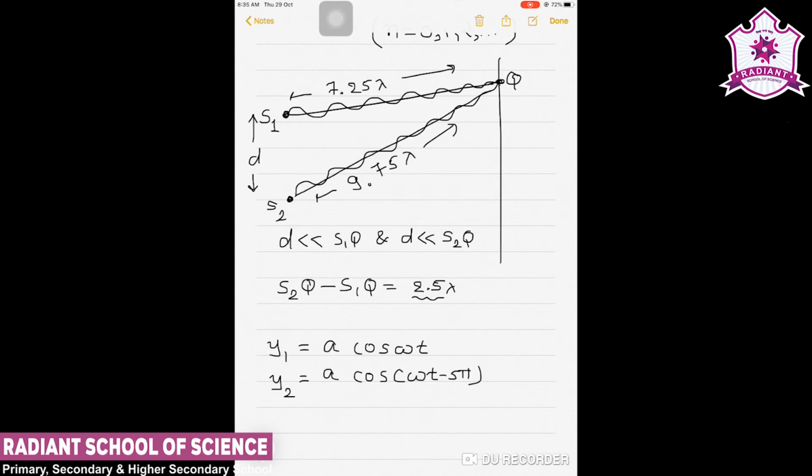So it can be a cos omega t with a minus sign.